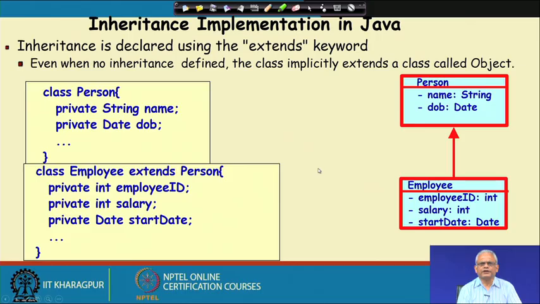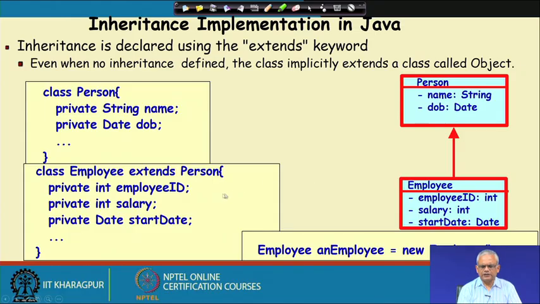We need to do something else, but it would have been nice or very simple if we just had a keyword like extends. This is the simplest implementation of a relationship, by just using a keyword.